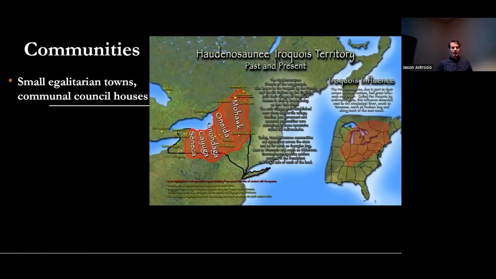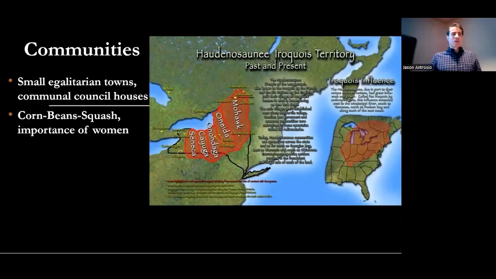And so instead of having the mega city of Cahokia and the kingdoms, you have these much more egalitarian towns. You have the spread of what would become the famous Three Sisters corn, bean, squash complex, the importance of women and matrilineal dealings.